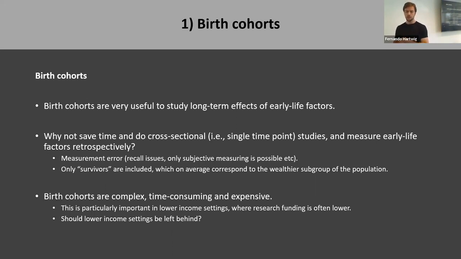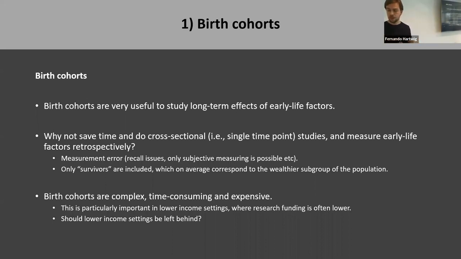So birth cohorts are useful and they are not prone to these kinds of limitations. But as you can imagine, they are complex, very time consuming, and therefore expensive. And this complexity and cost is particularly important in lower income settings, like Pelotas, because we just have less money to do research, right?